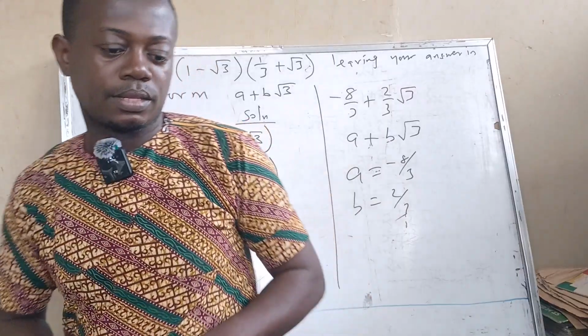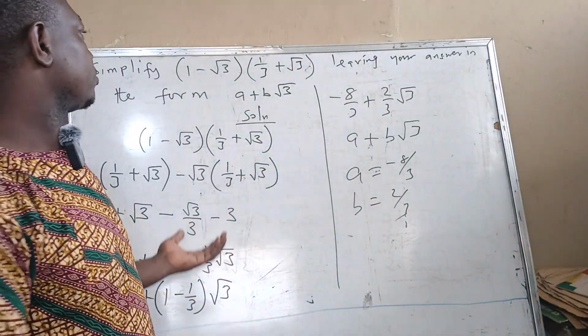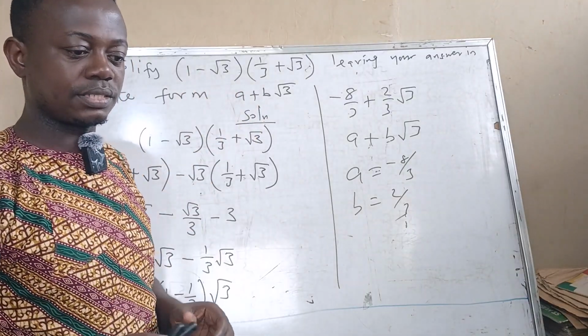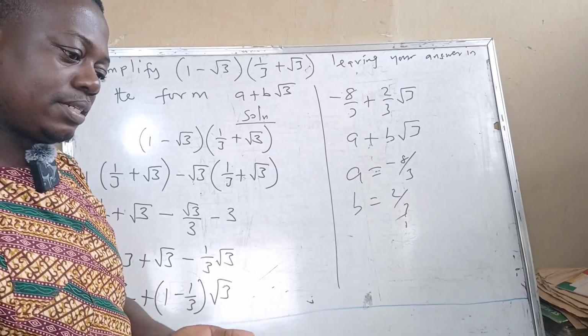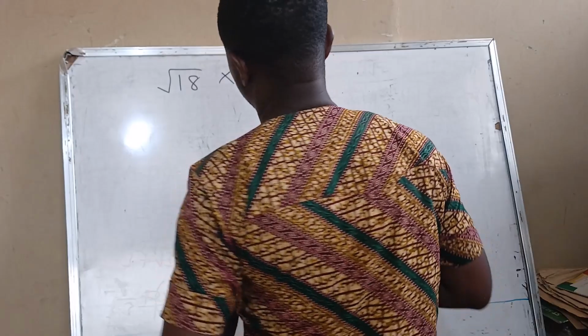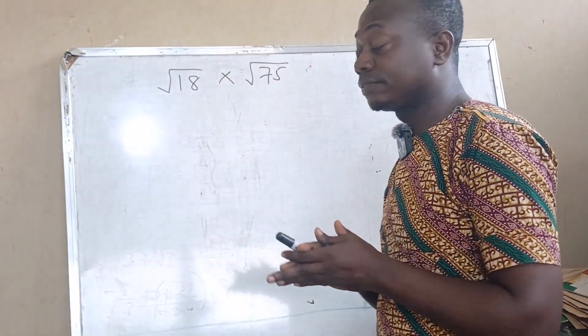All right, so that is how we solve the question like this. So you can change this and that. Just go through the same process and make sure you follow the properties and the rules. All right. Square root of 18 times square root of 75.